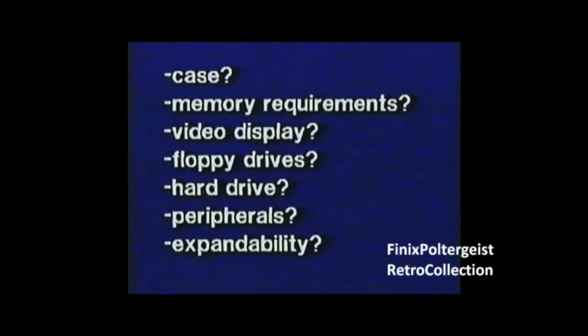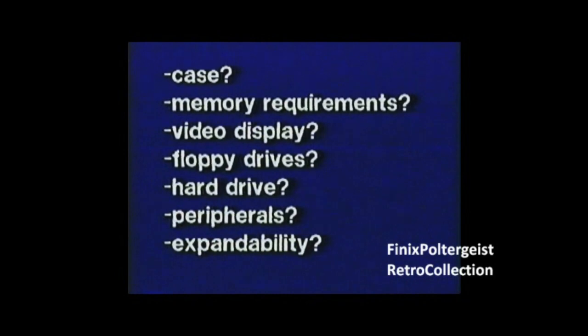There are several types of system configurations to choose from. Which one you choose depends on your answers to the following questions. What type of case will best fit your needs? How much memory should your system have? Will you need a monochrome or color monitor? What video resolution will you require? How many, what size, and what type of floppy disk drives will you have?